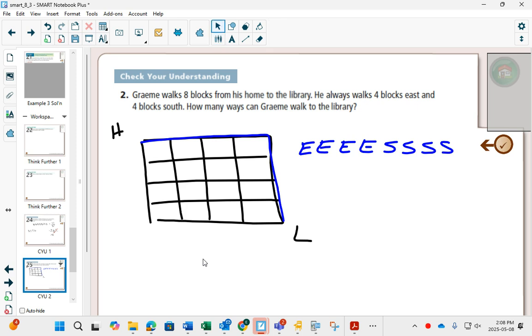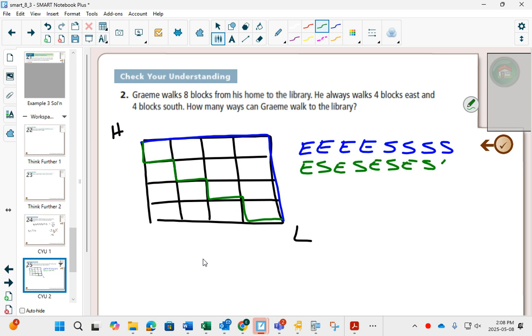Another example could be this one. East, south, east, south, east, south, east, south. Okay? You see that this is starting to look like a Mississippi question.